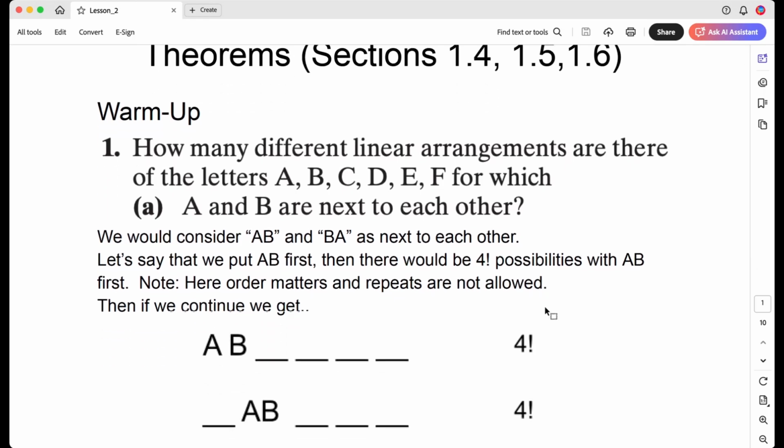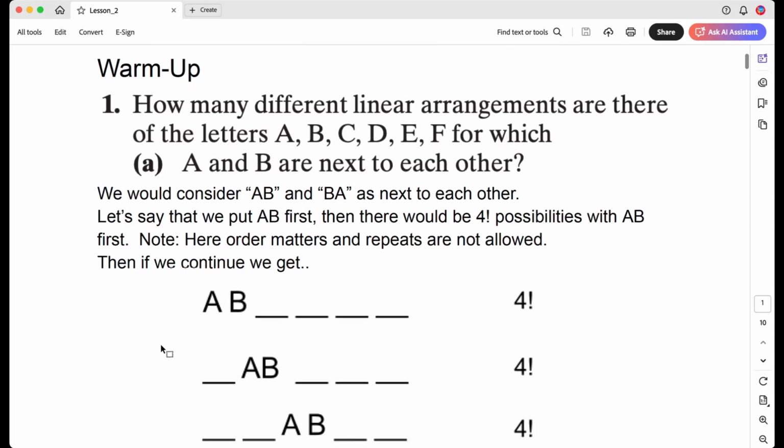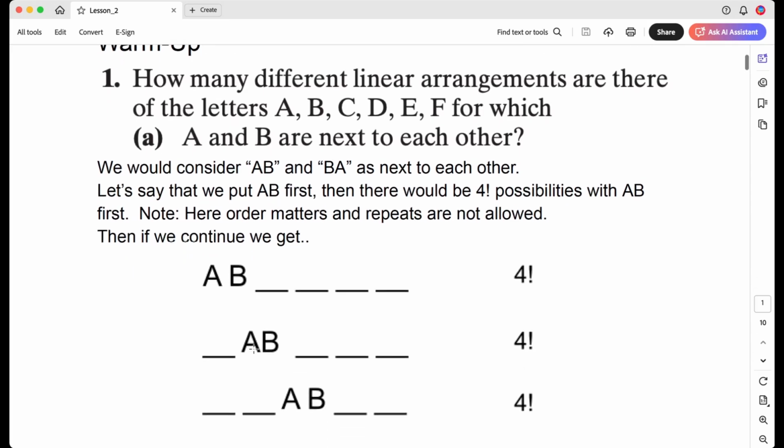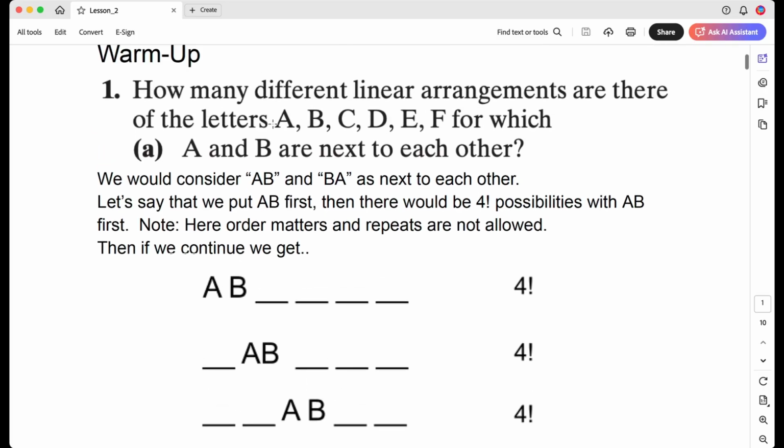Now, the order does matter, so we will do this for AB, and then we will have to also do this for BA, which will just amount to doubling. So the idea here is that we have to place A and B next to each other, and basically the other remaining 4 letters from the 6 total will go in the remaining slots.